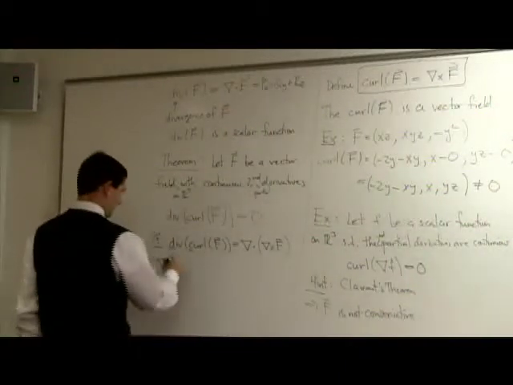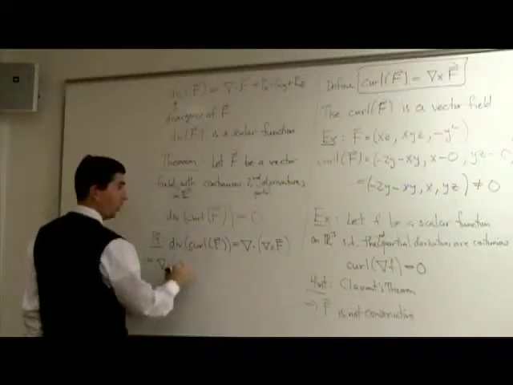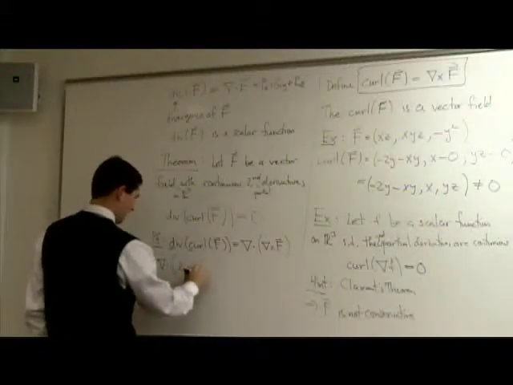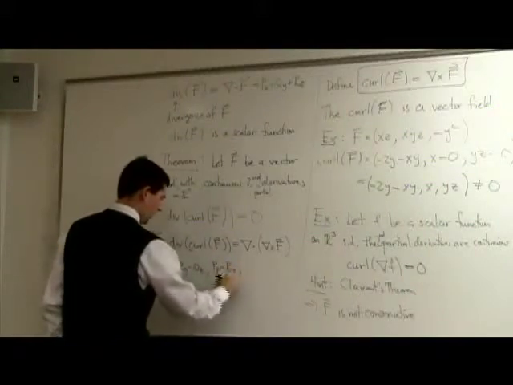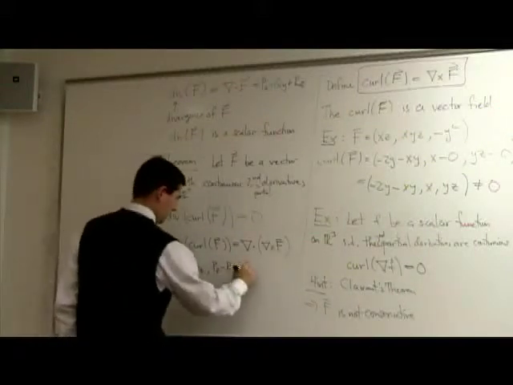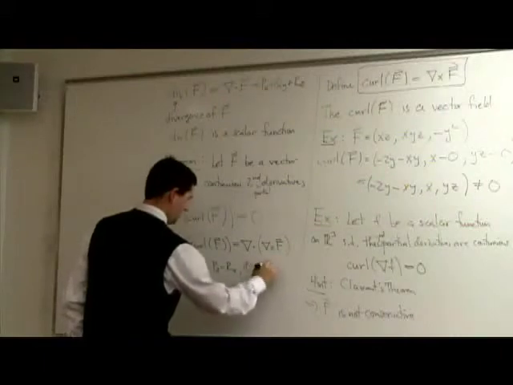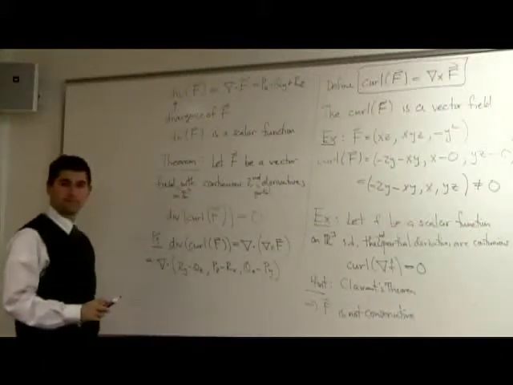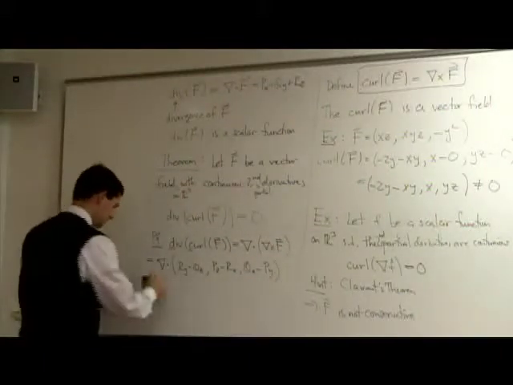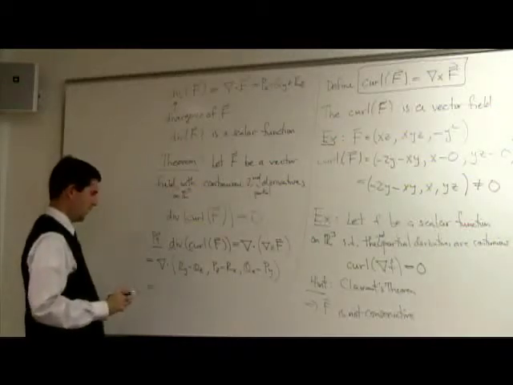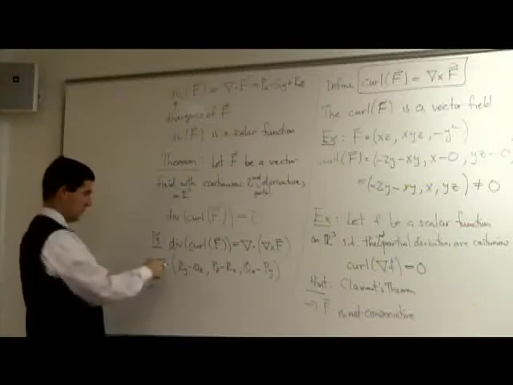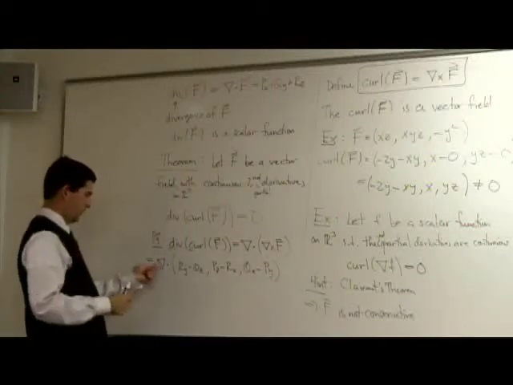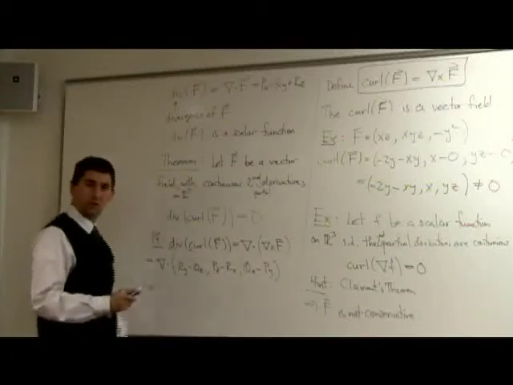Now, this is equal to the dot product of the gradient with the cross product, which we've written down before. It's going to be ry minus qz, comma pz minus rx, comma qx minus py. Now the gradient means you're going to add up what happens when you let the partials act on these components.